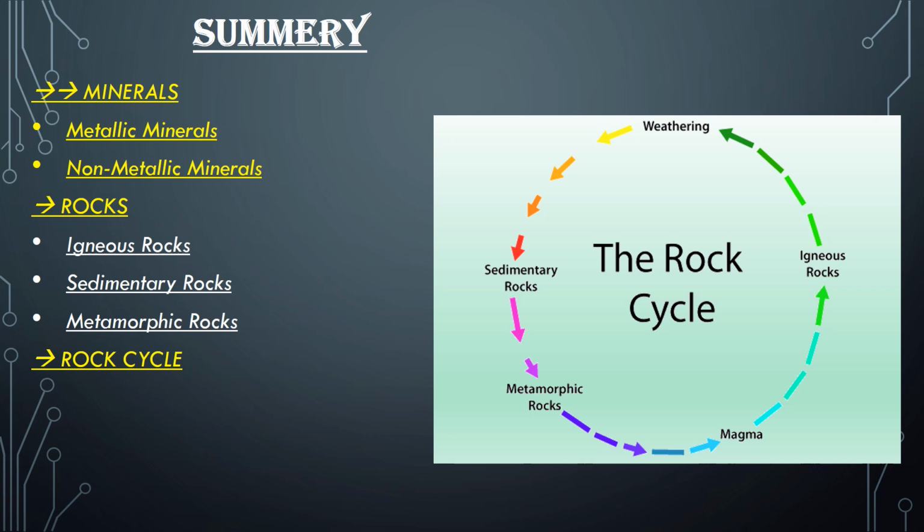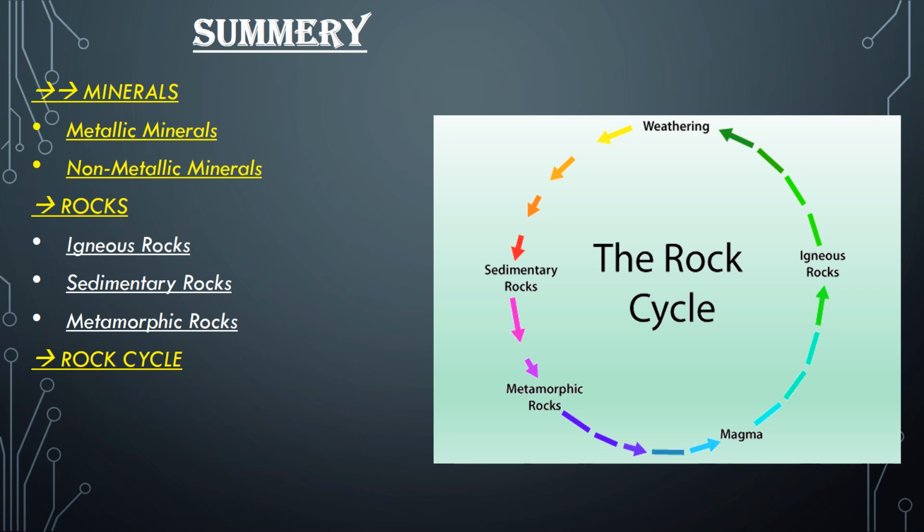There are two types of minerals. 1. Metallic minerals. 2. Non-metallic minerals. And about the rocks. There are three types of rocks. 1. Igneous rocks. 2. Sedimentary rocks. 3. Metamorphic rocks. And also about the rock cycle. Igneous rocks are primary rocks, and other rocks, sedimentary and metamorphic, form from these primary rocks.